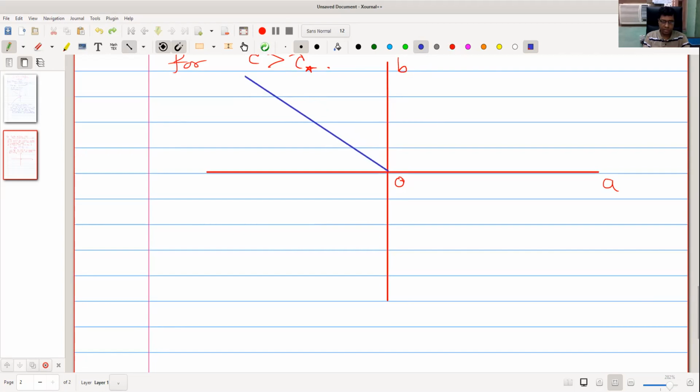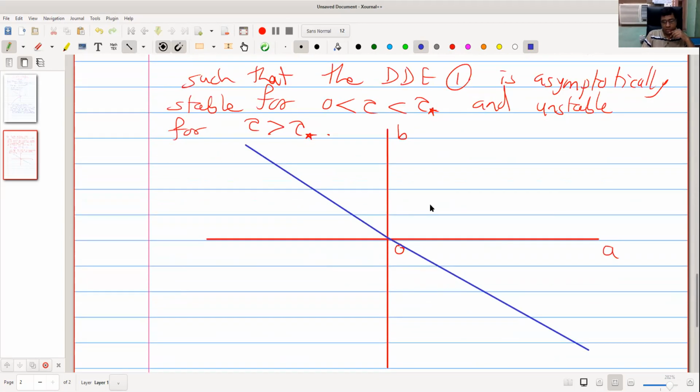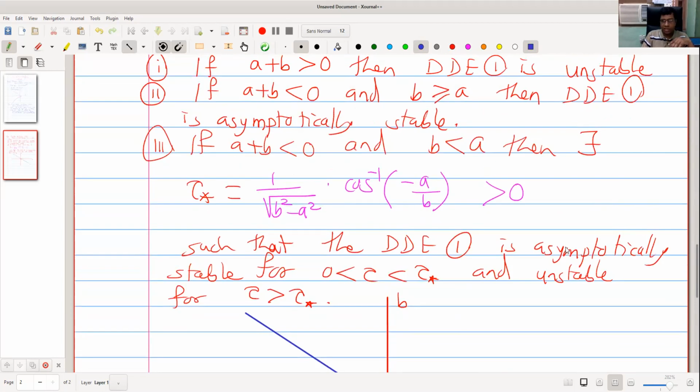Okay, this is a rough sketch. This is the line a plus b equal to 0. If a plus b is greater than 0, it means above this line. So this is the instability region.